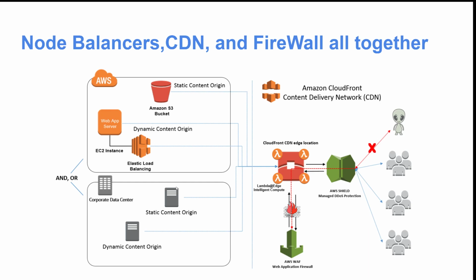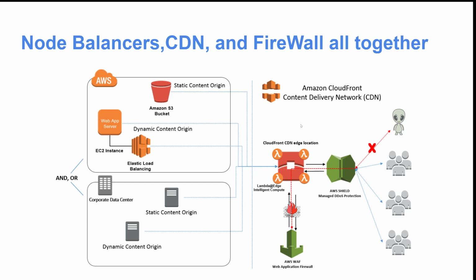So here are the users, right? Here is our shield, or web application firewall, together. Just keep in mind, this is a little bit more complicated than the things that we talked about, but I prefer to show you the whole idea of how the full application works. This is just for your information.